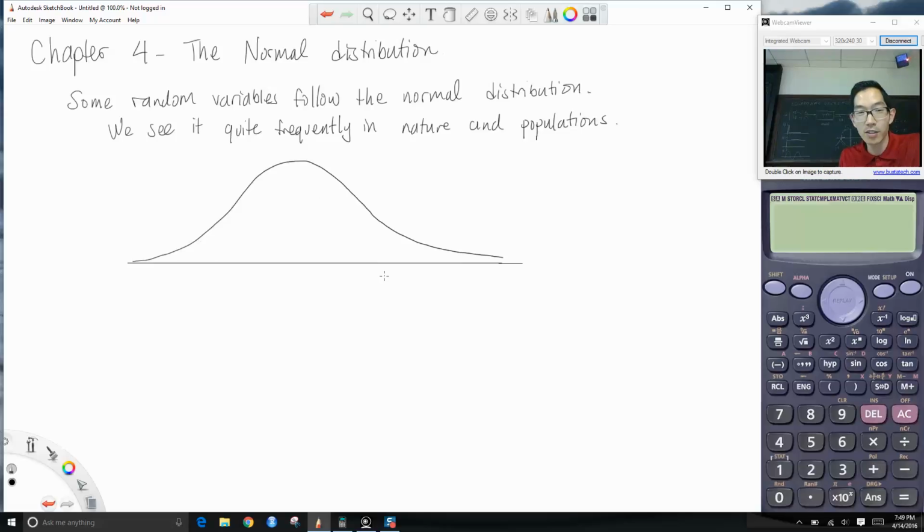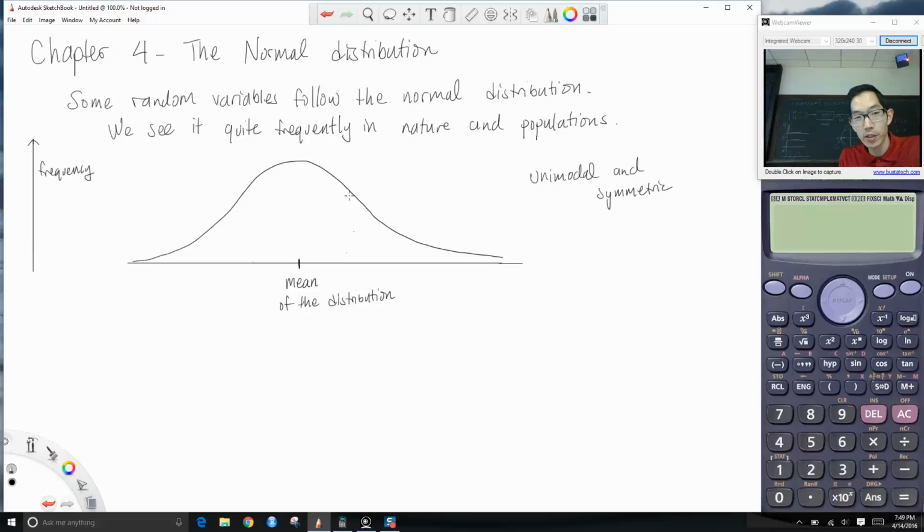It looks kind of like a hill, so we would describe this as unimodal and symmetric. In the center we would have the mean of the distribution, and the height of the graph represents how frequently those values appear, so kind of the frequency.